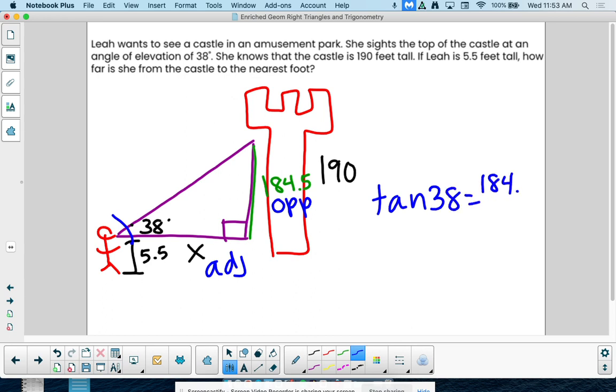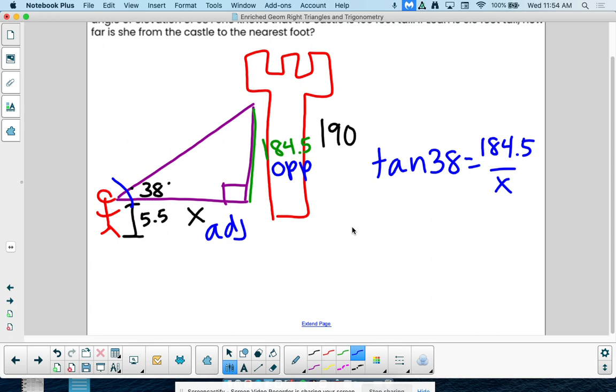How do we get x out of the denominator? Multiply it. Then divide by.